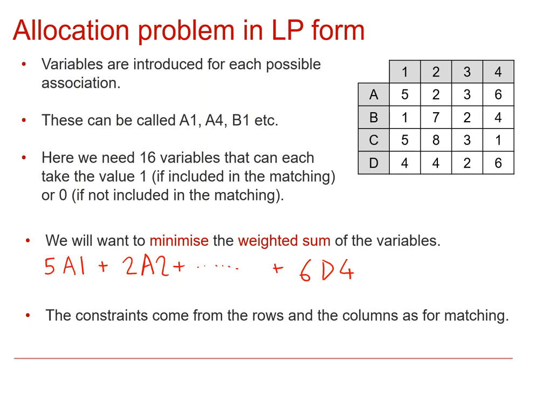So for example, we could say that A1 plus A2 and so on to A4, that must have a total of 1. Alright, and then we'll do the same thing for B1, B2, B3, and also the same for A1, B1, C1, D1. So there'll be a total of 8 constraints there in the end.